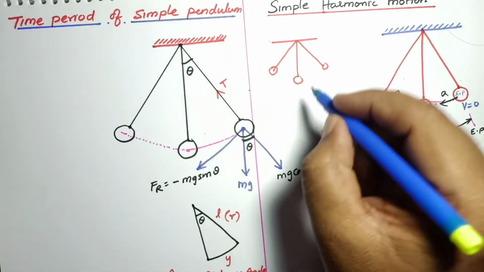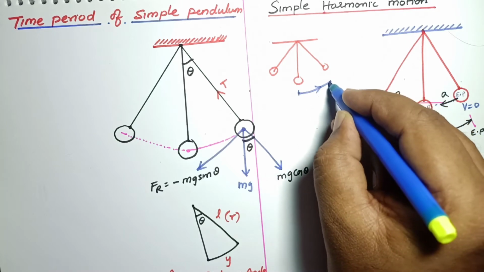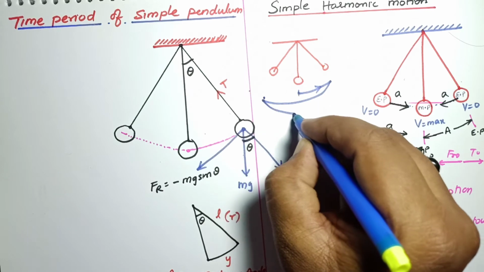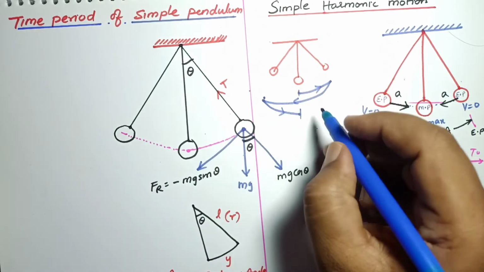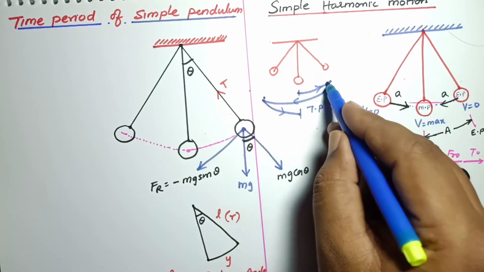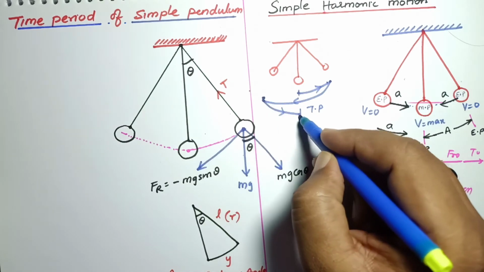For example, this is the pendulum. Oscillation starts from the mean position. It goes to the extreme position. From the extreme position, it goes to the other extreme position, and from there it again comes to the mean position.